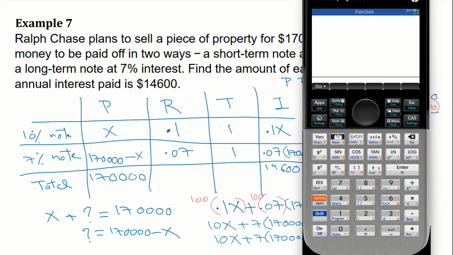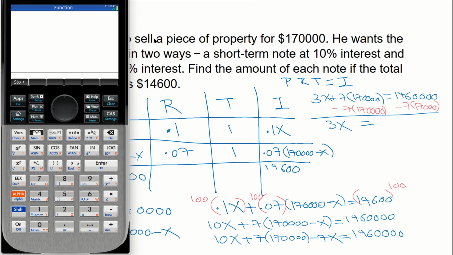Okay, so we have 1,460,000 minus 7 times 170,000. Let me see, I think I put one too few zeros here. Let's fix that. That's actually 170,000, not 17,000.